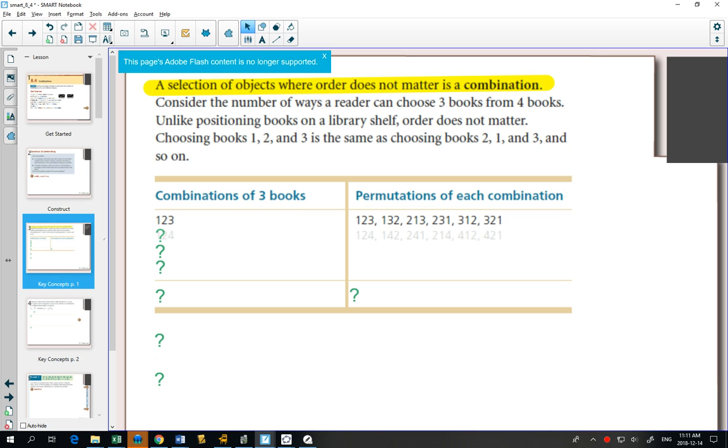Another combination of 3 books, you could pick book 1, 2, or 4. In permutations, there would be 6 of them, but in combinations, it's only counted once. All 6 of those are the same. And same thing if you picked 1, 3, and 4, and 2, 3, and 4. There's only 4 combinations. Meanwhile, there's 24 permutations.